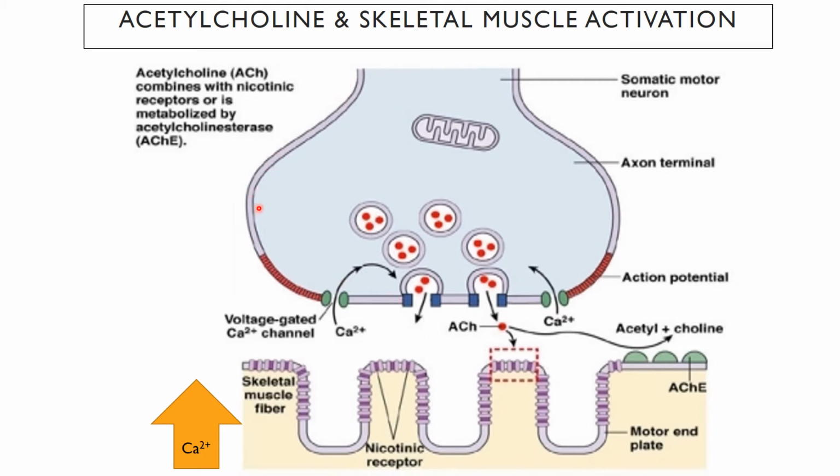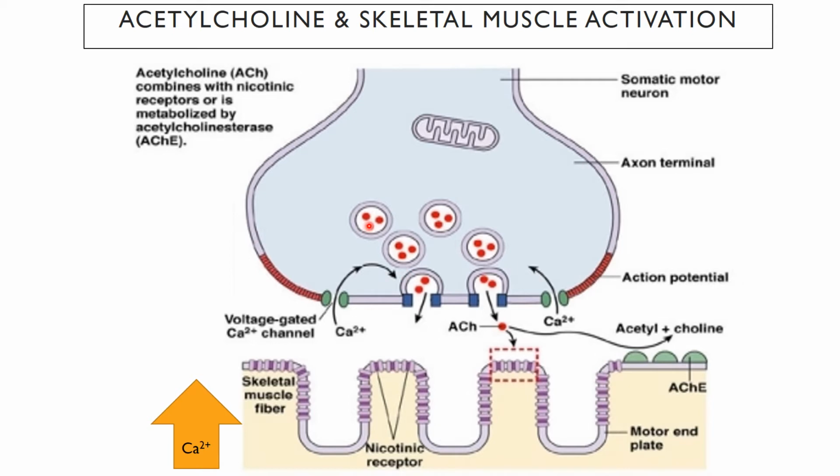If an axon has an action potential, the change in membrane potential will move down towards the axon terminal. It'll induce the opening of voltage-gated calcium channels, causing an influx of calcium into the axon terminal, which will act upon the vesicles that are within the axon terminal.